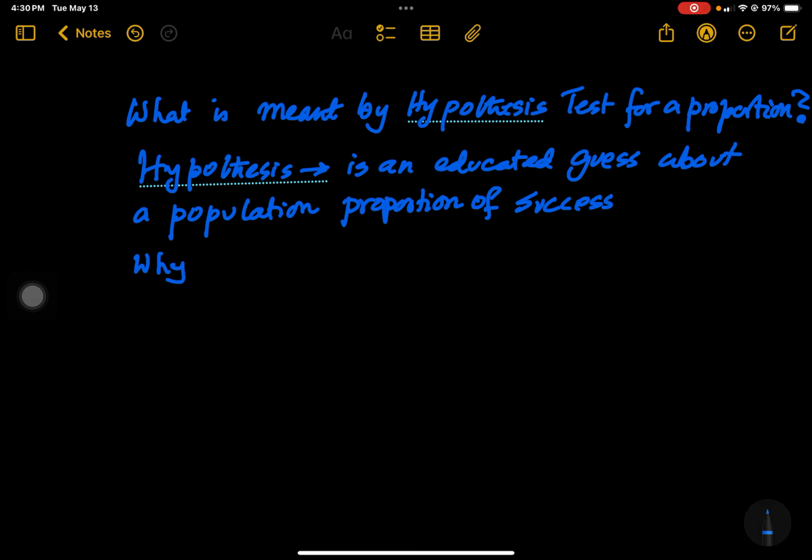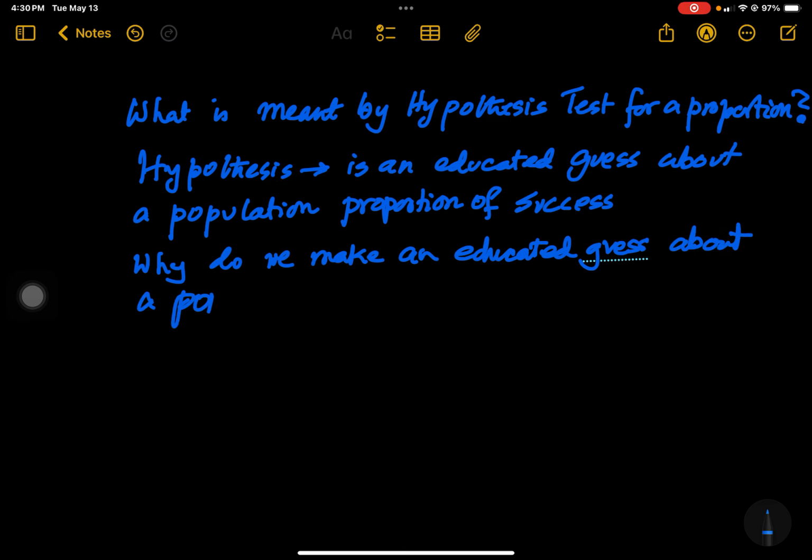Why do we make an educated guess about a population parameter?